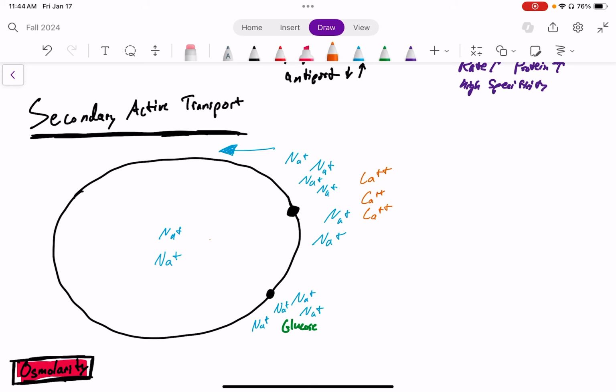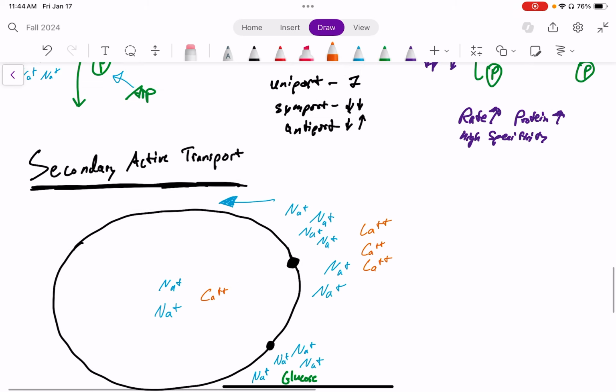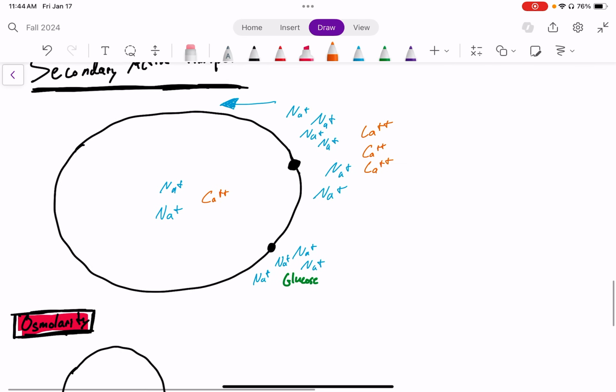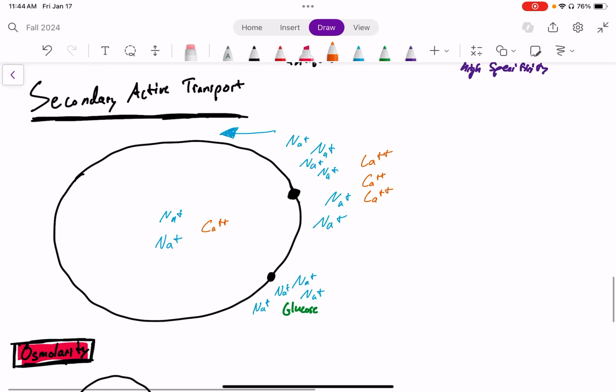For example, secondary active transport can also be symport or antiport. And so what could happen is sodium wants to come into the cell, so it goes into the cell through this protein, and then it drags calcium with it, even though calcium's concentration gradient would want it to go that way.